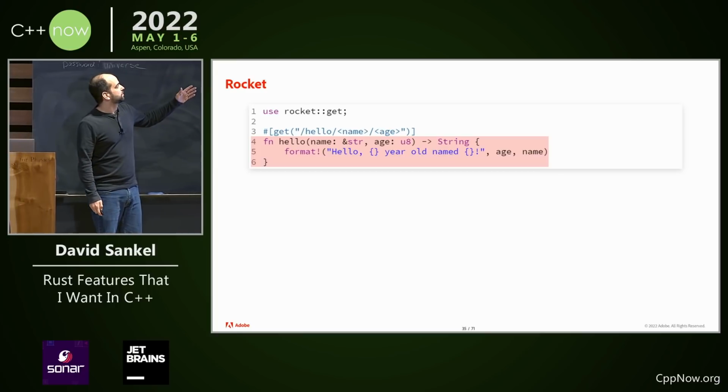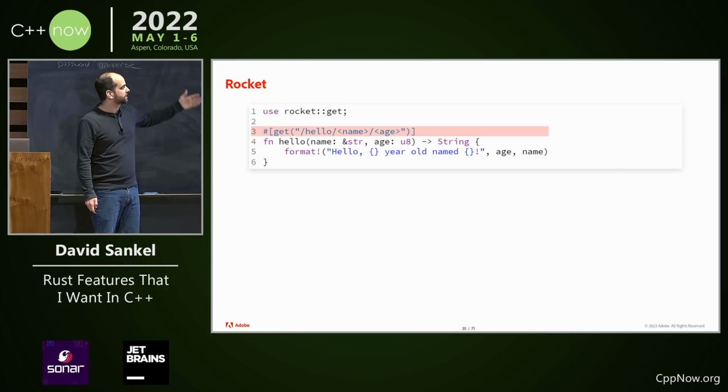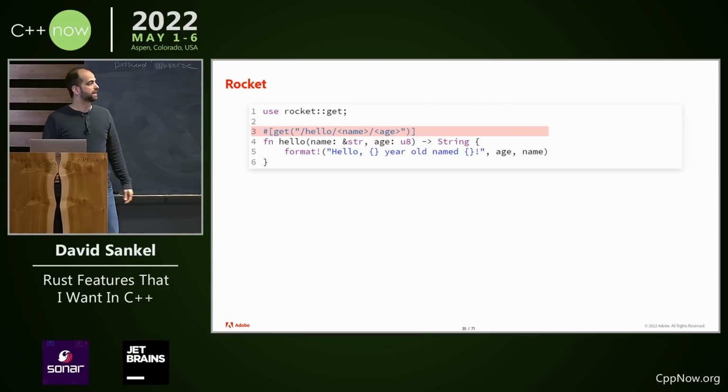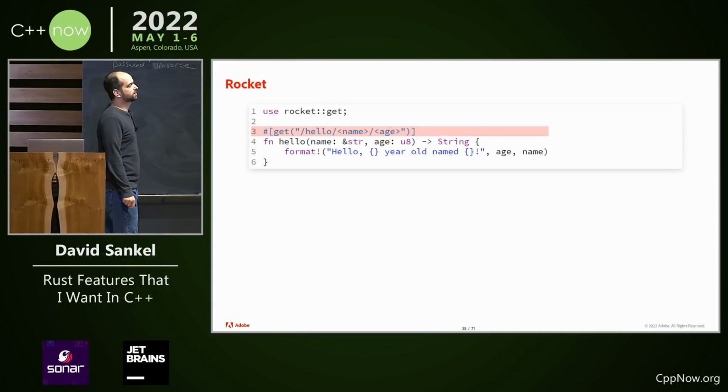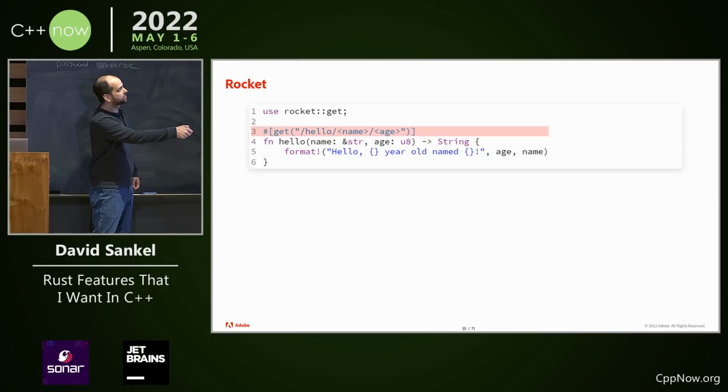So then there's this piece where they're adding this annotation. And what this is doing is it's saying, go ahead and make this into a piece of an HTTP server where if you give this URL, hello/name, which is a string, /age, which is an age, it will make sure that name actually matches string and age actually matches this U8, and it will reject anything else.